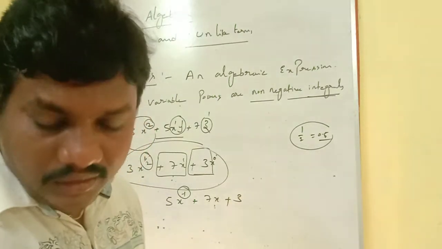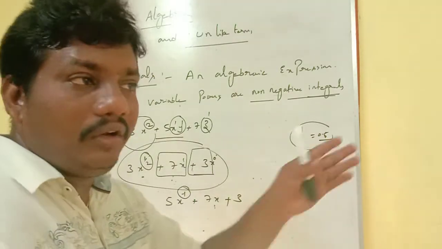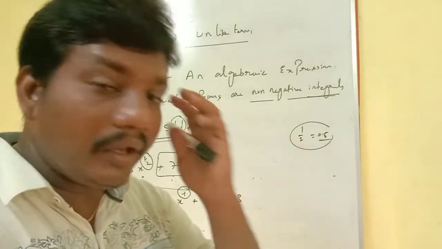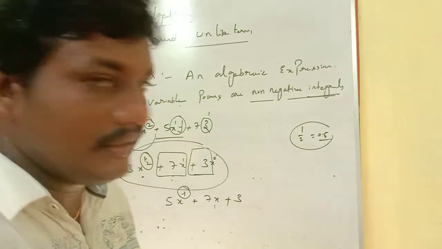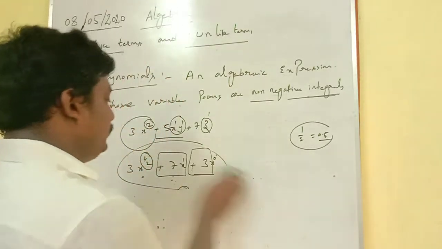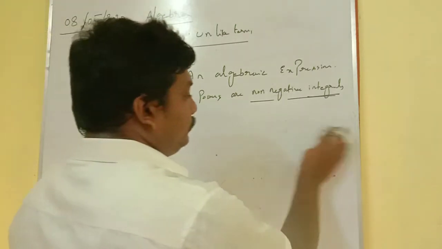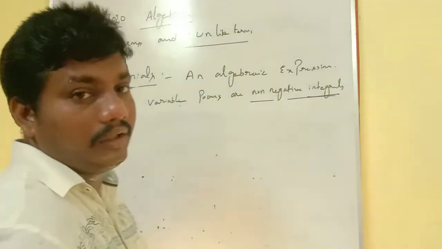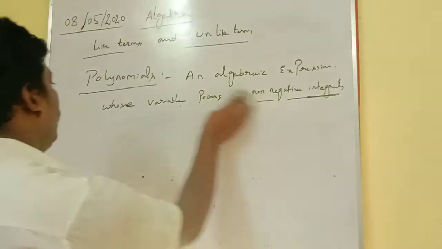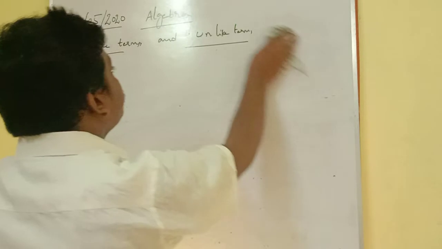So you can practice which are polynomials and which are only algebraic expressions, not polynomials. You can consider your own examples and practice whether it is a polynomial or not. Form some questions yourself and practice, it is better understanding for you.